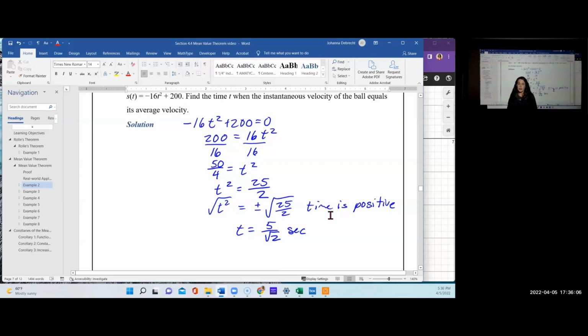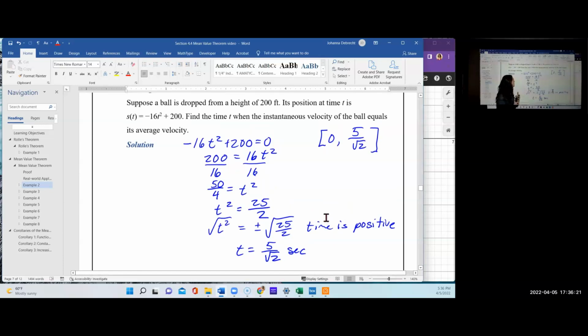So I'm looking at the closed interval between 0 and 5 over the square root of 2. This is my closed interval. I need to look at my function and ask myself, is it continuous over that interval? The function is a polynomial function, so it's continuous everywhere, certainly on this interval. Is it differentiable there?